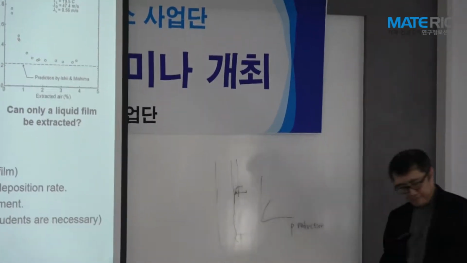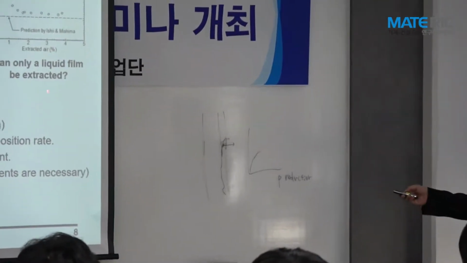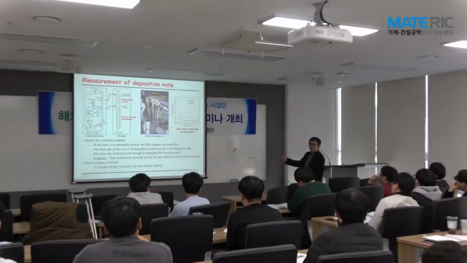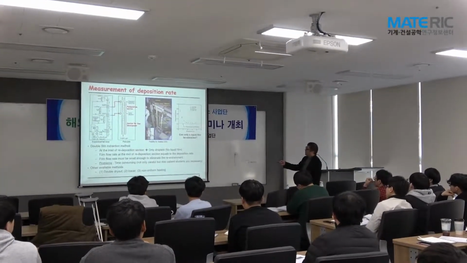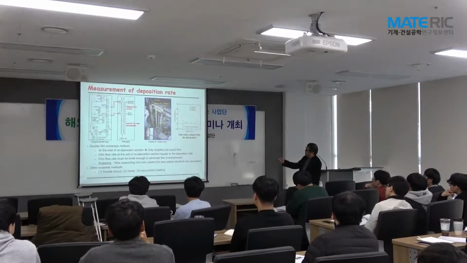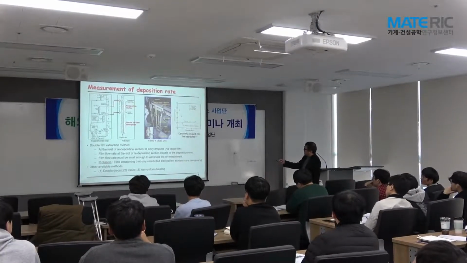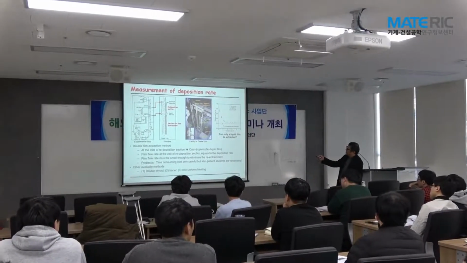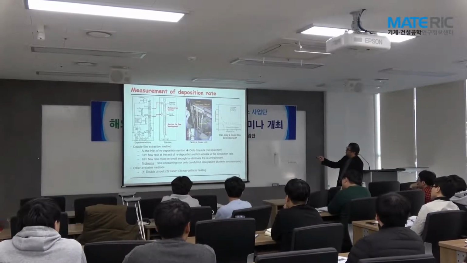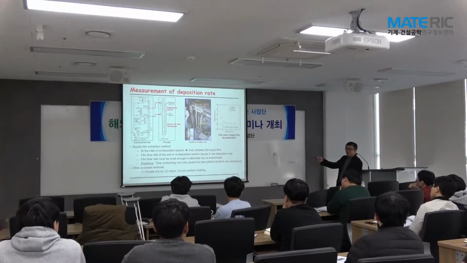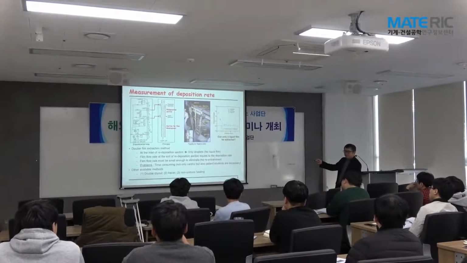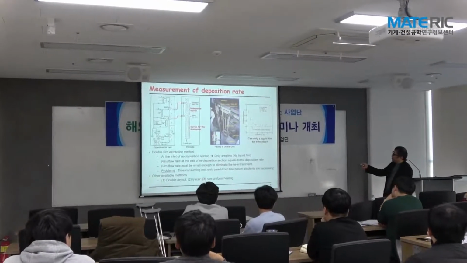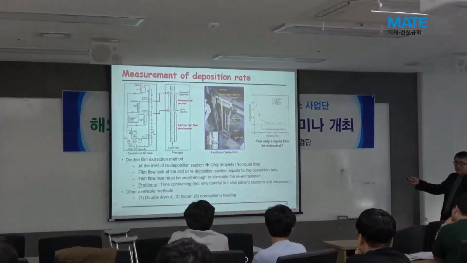At this time, in this figure, the horizontal axis is the amount of air extracted with the liquid. And as you can see, air is extracted, and this extraction limit fraction essentially means the rate of liquid that is extracted. And as you can see, if more air is extracted, more liquid is also extracted.